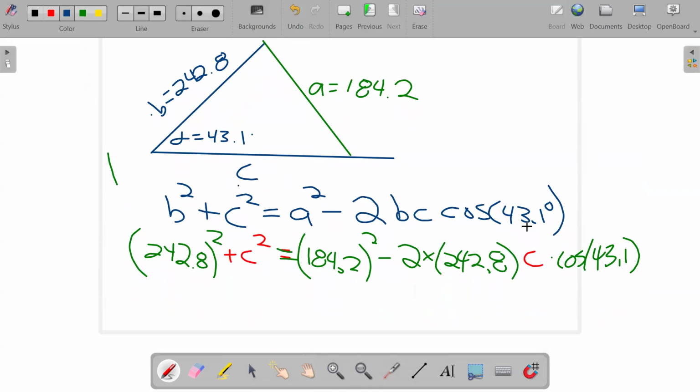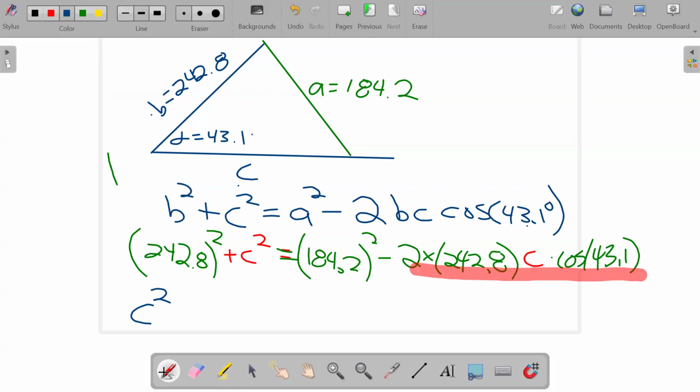Okay, so moving some stuff around. I'm not going to square those numbers out here. I'll do that in the calculator. I'm going to leave the C squared on the left. And then here I have this crazy number times C. That's all just a number times C. And it's being subtracted, so I'm going to add it to the right.